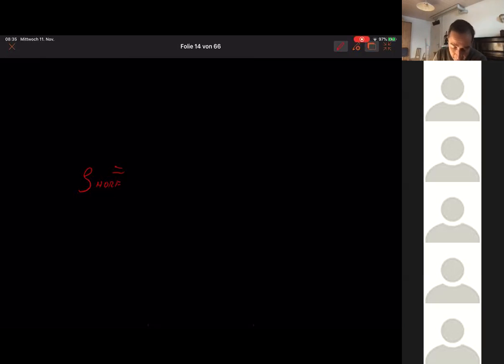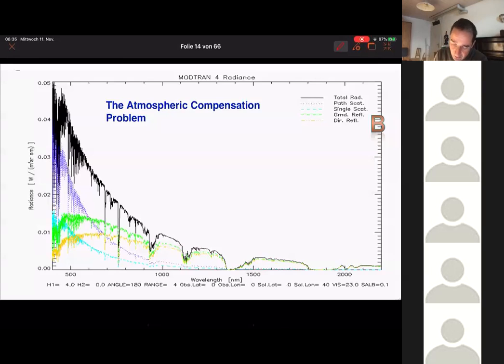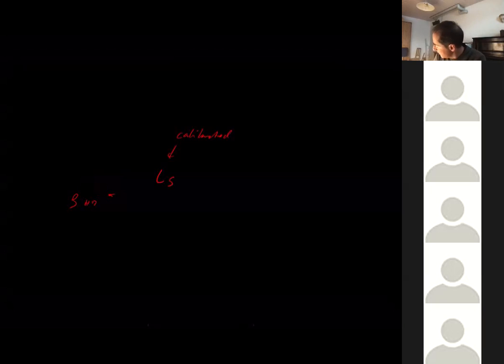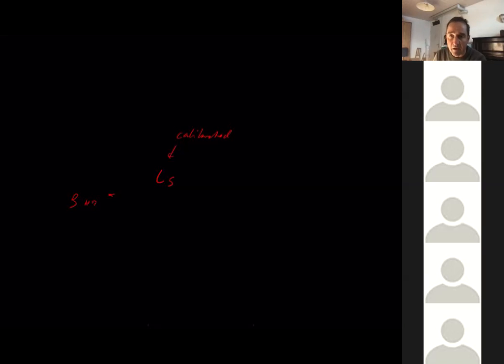And what we have is the LS, the at-sensor radiance. That's where we start. That's the measured, calibrated at-sensor radiance. And we have to subtract a few things. We have these additive components. So we have to subtract the adjacency effect, and we have to subtract the atmospheric radiance. So these are the additive components subtracted.